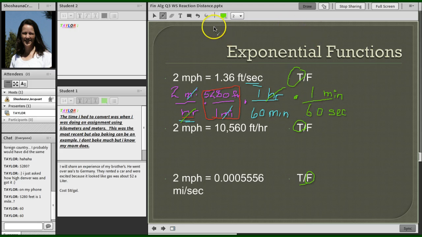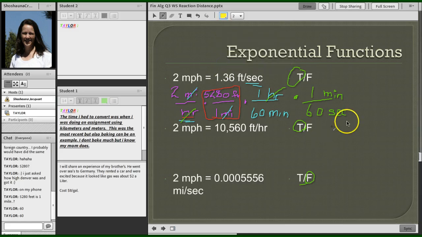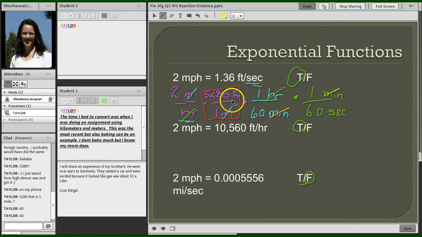So then we're going to go and we're going to cancel everything that we can. So I'm going to cancel my minutes from the numerator and the denominator. And then we notice we still have feet, so I know my answer is going to be something with feet. And then we've got our seconds.